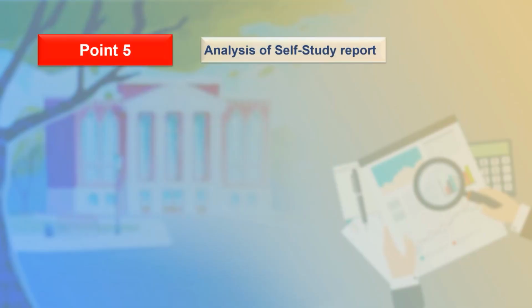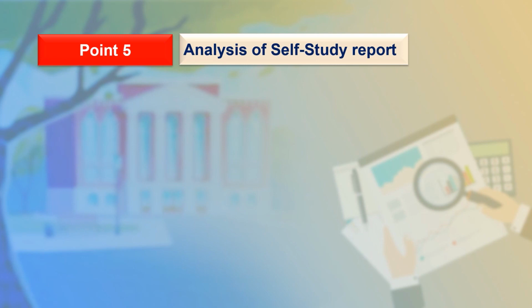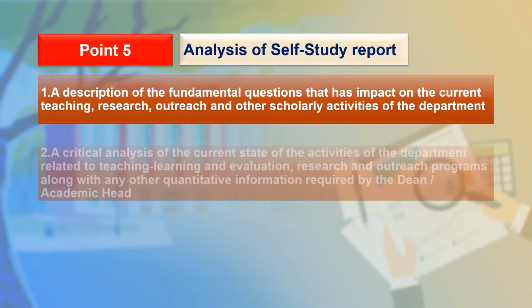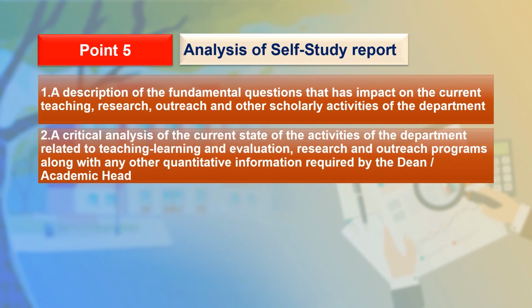Next, point 5. It is all about analysis of self-study report. The self-study document must provide a description of the fundamental questions that have impact on the current teaching, research, outreach and other scholarly activities of the department. It must also have a critical analysis of the current state of the activities of the department along with any other quantitative information required either by the dean or by academic heads.